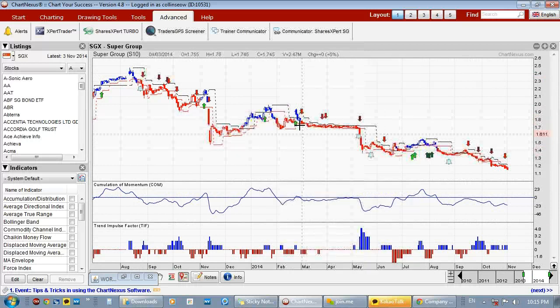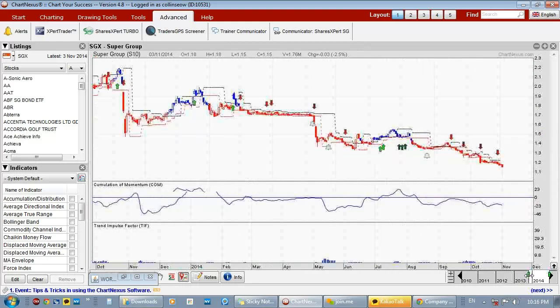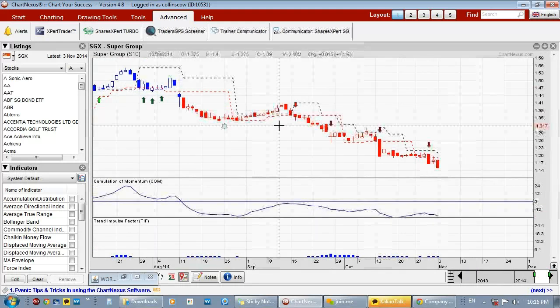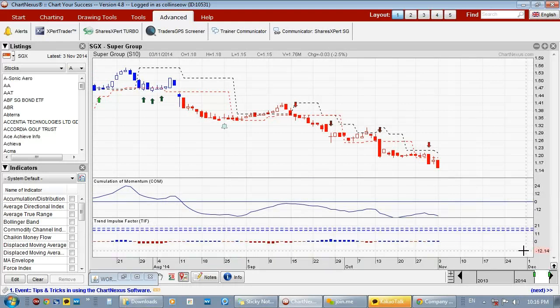We have shorted a few times, 180 to 140, 290, 230 to 170. So currently it's still down. Maybe actually it's the fourth or fifth signal already. So remain short. Okay, this is for Super Group.